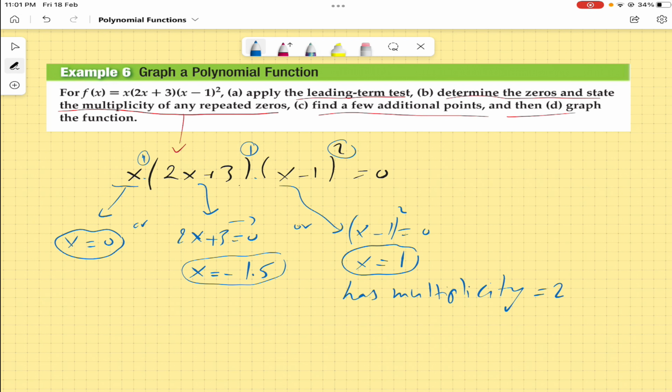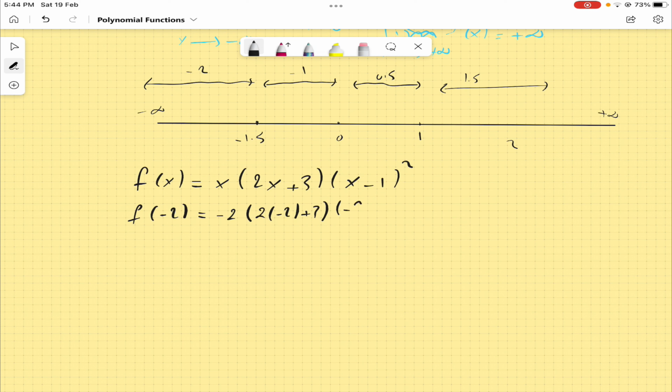Negative 2, times 2 times negative 2 plus 3, times negative 2 minus 1 to the power of 2. If you do some calculations mentally or using a calculator, the answer will be 18. So the first point is (-2, 18).